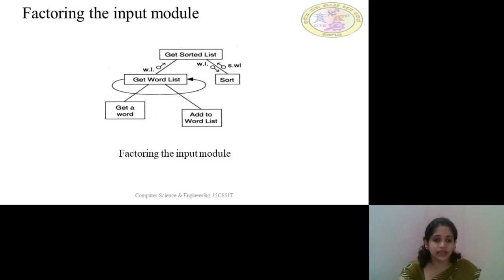The arrow marks indicate that first, after getting the word list, we have to sort it. We get the word list from the document which we have given as an input and add to the word list if it is a different one, then sort. So this also says that the input module can be further factorized to get the inputs in a physical form.